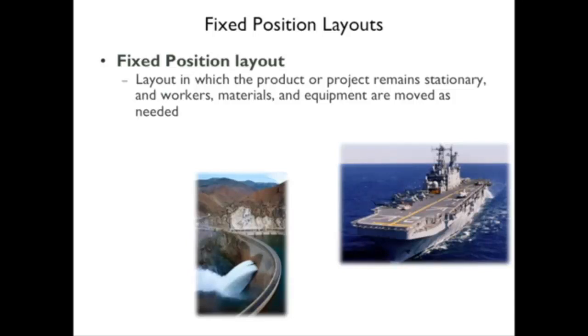The workers there are moving around the dam to maybe do painting, they may be doing inspecting, they may be repairing the generators that generate electricity, but the people, workers, and equipment all go to whatever piece of the dam needs repair. On a ship, to repair the ship, the people go to the different stations on the ship to repair what needs to be repaired.